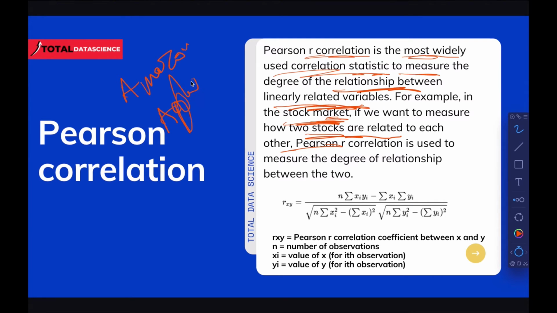Normally we use the Pearson correlation for that. You can use the others, maybe the Kendall or the point-biserial or the Spearman, but you can stick to one of them and it works perfectly.